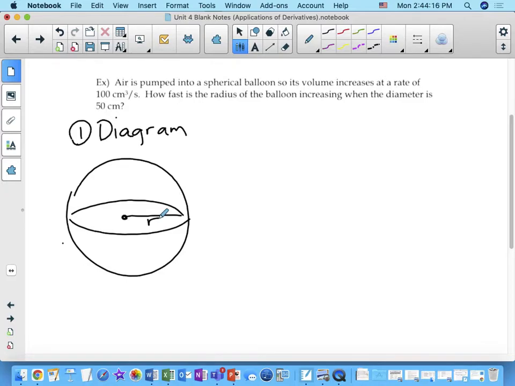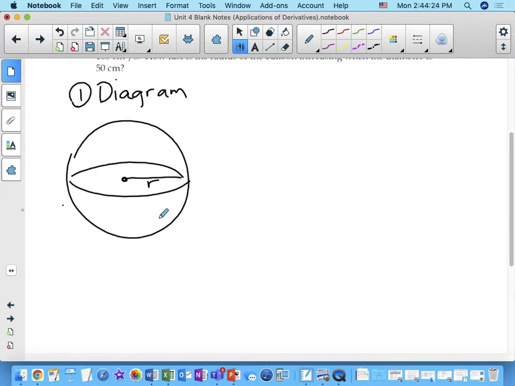And we're looking at the volume of a sphere and the radius of a sphere. And so we should probably write down the formula for the volume of a sphere, which is 4 over 3 pi r cubed. That's on your formula sheet, if you don't remember what it is.